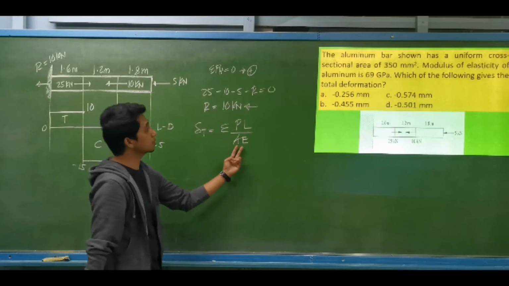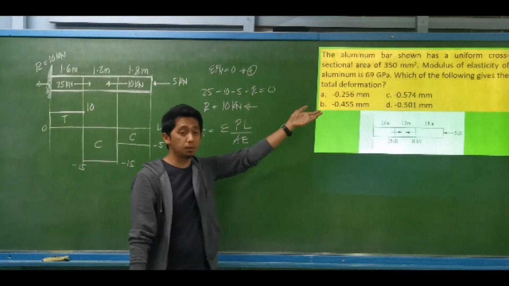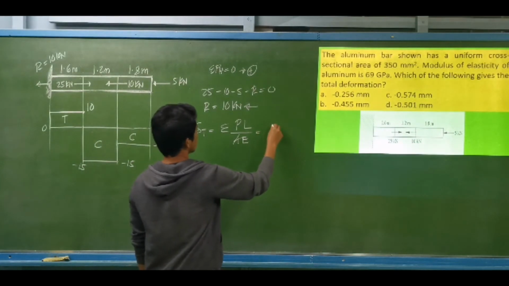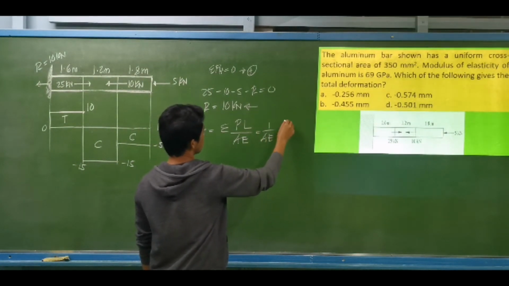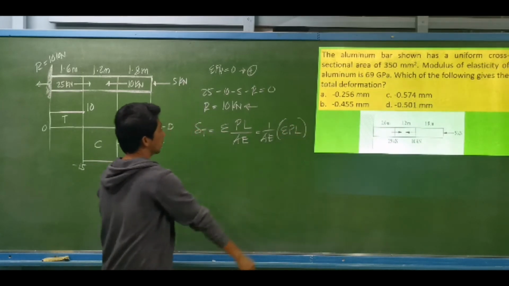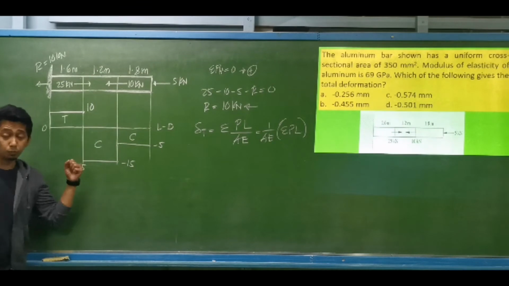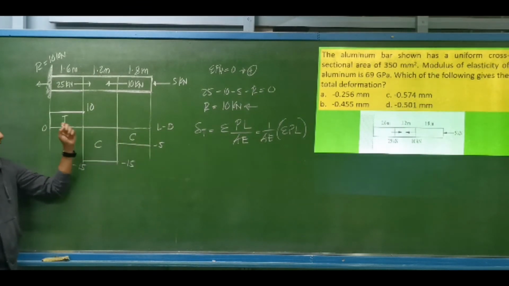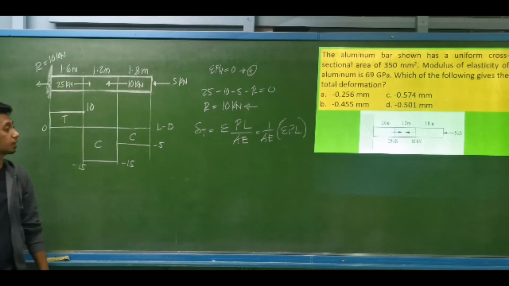Okay, but since we have constant area and modulus of elasticity, we may have it as 1 over the area times the modulus of elasticity multiplied by the summation of the force times the length. So, okay, we are to carry the signs. Negative for compression, positive for tension.